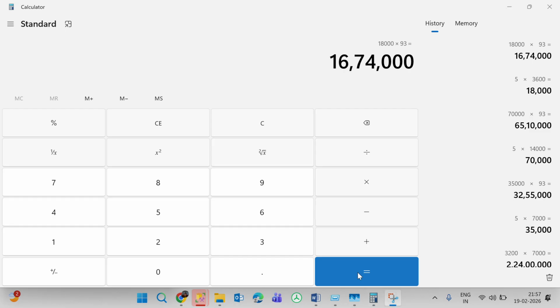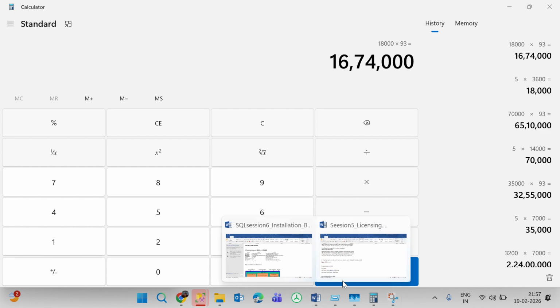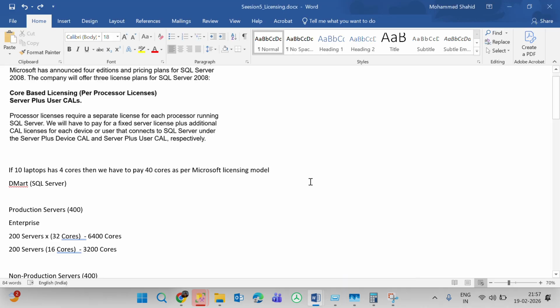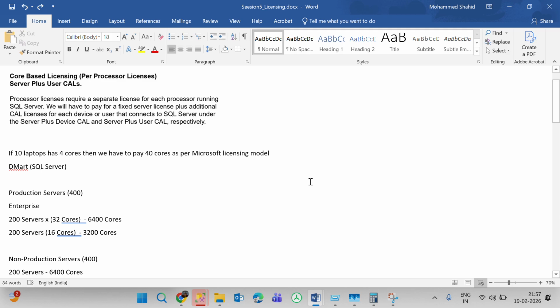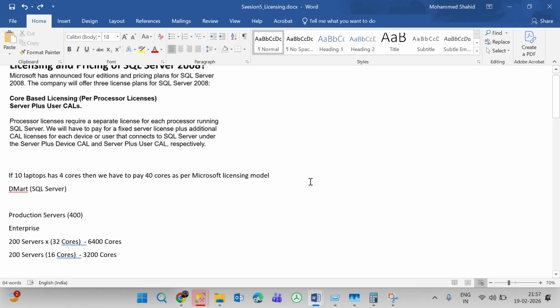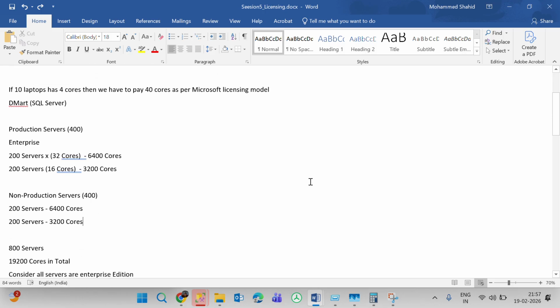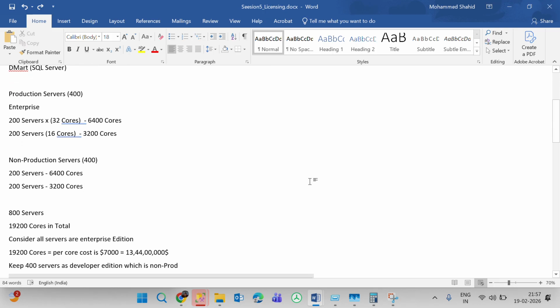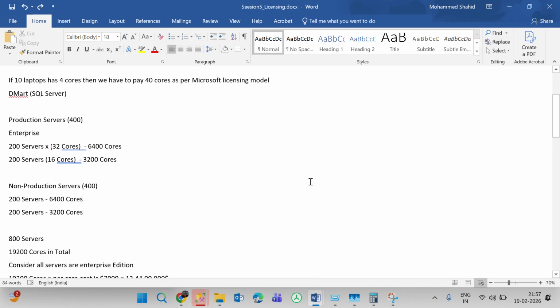Why is it so much cost? As we discussed in our previous session, we have more features in enterprise edition. We'll discuss them in future classes. Standard edition has fewer features. I will tell you some points. In enterprise edition we have accelerated database recovery; in standard we don't have that.